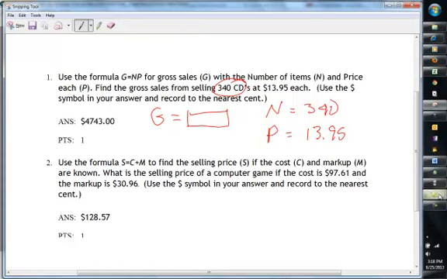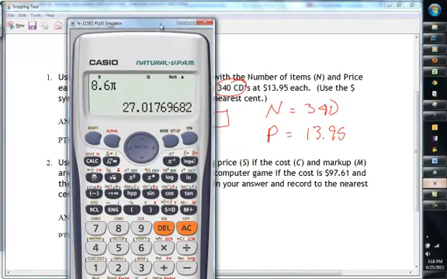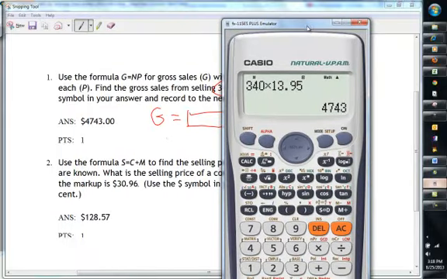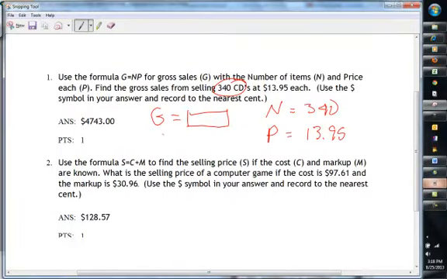If we press that on our calculator, 340 times $13.95, we get $4,743. Record your answer to the nearest cent and use the dollar symbol.